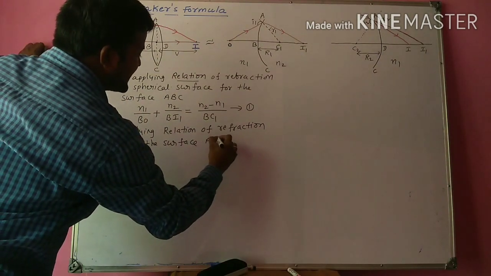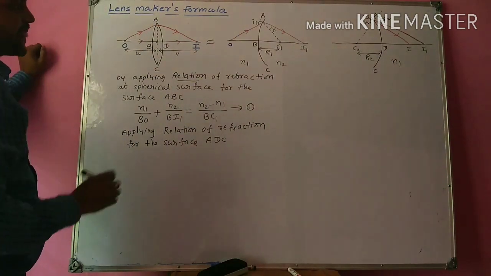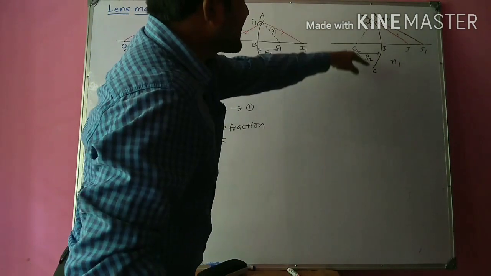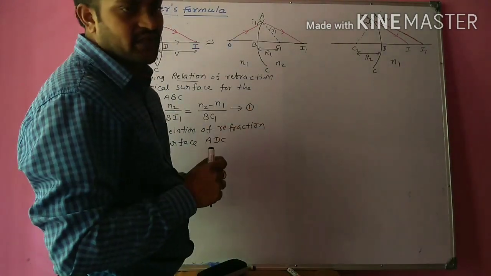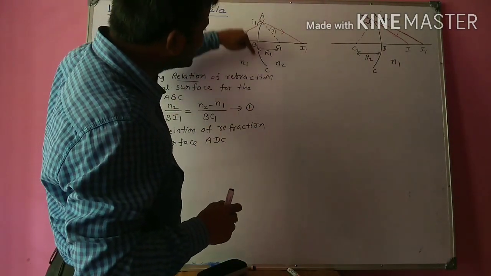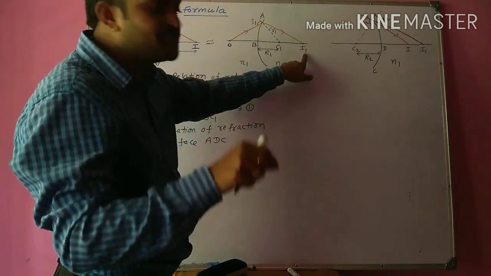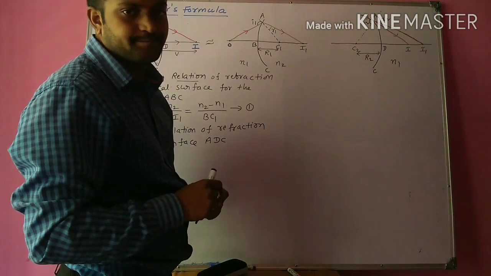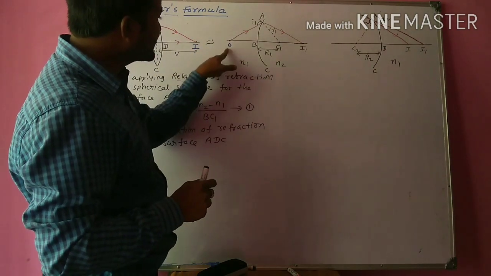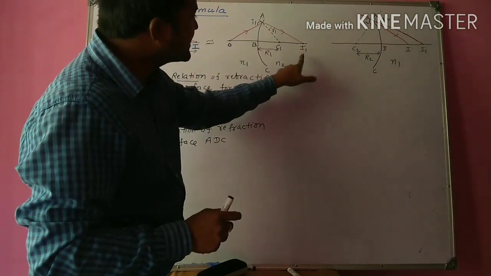Now for ADC, I am applying the same relation. The image formed by ABC, that is I1, acts as a virtual object for this ADC surface. For ABC the object is O, but for ADC the object is I1 only. It acts as a virtual object.